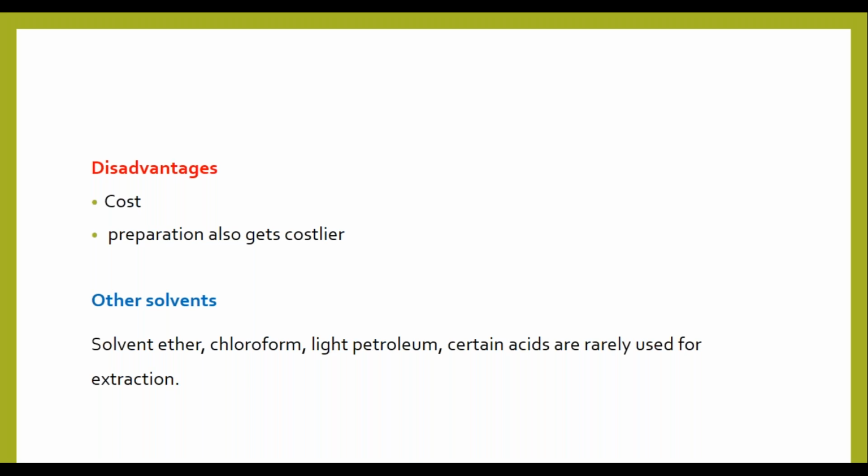Carbon tetrachloride is used at certain times, but we cannot use it for oral purposes. All these solvents can be used wherever we cannot go for water or alcohol, or where there are some problems in using water or alcohol. We can go for these solvents as menstruum instead of water or alcohol.